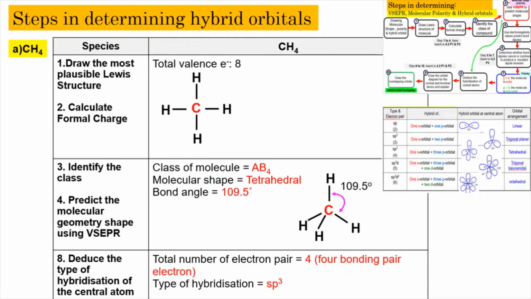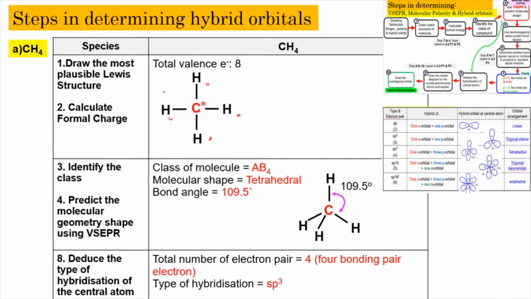For the CH4, as mentioned, you need to start with step 1 until 4 first in order to do the hybridization process. Step 1 until 4 is something that you have learned in the previous video. So find the total number of valence electrons first, and then calculate the formal charge and ensure that the formal charge is 0, 0, 0, 0, and 0 here.